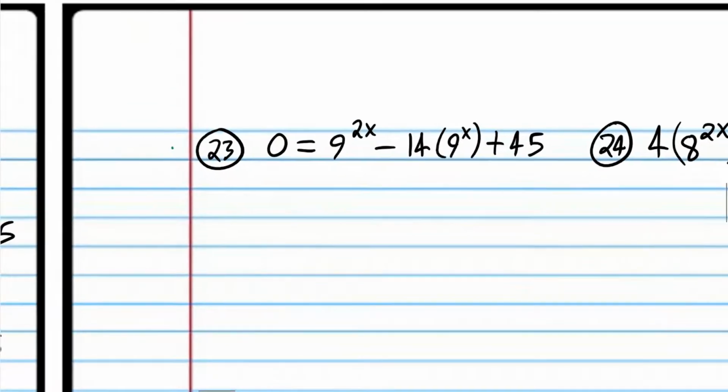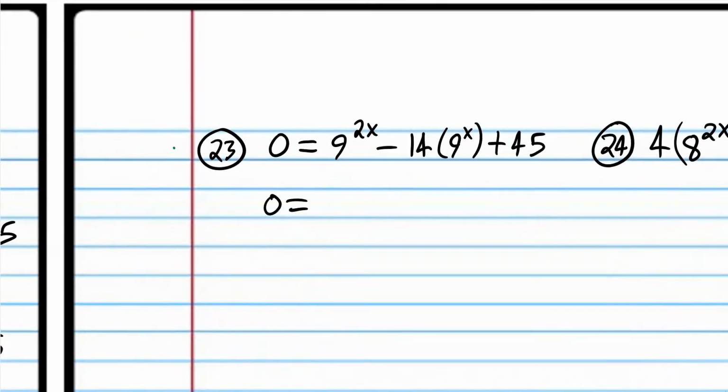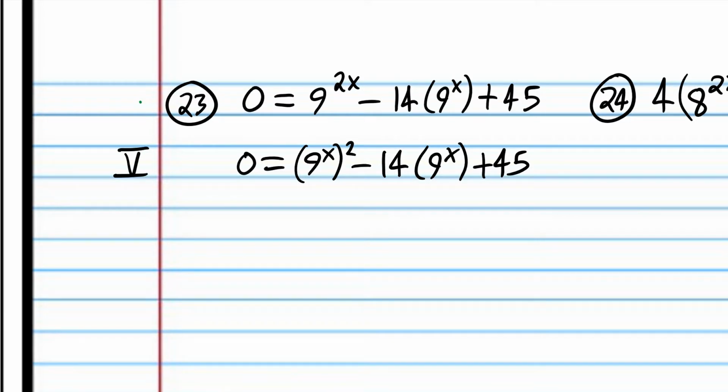So we're going to change to 9 to the x raised to the second power using rule number 5, and rule number 5 in reverse. And now we see we have 9 to the x's are the same in both those terms.